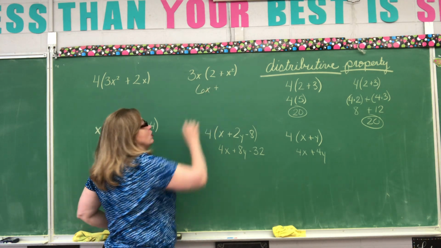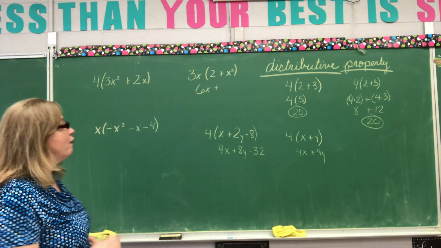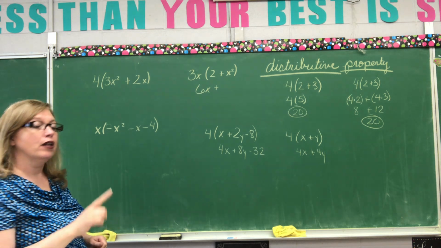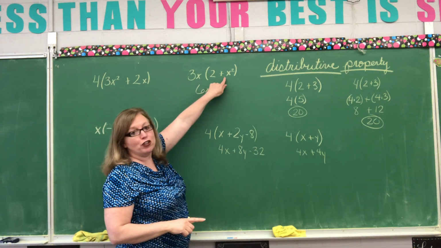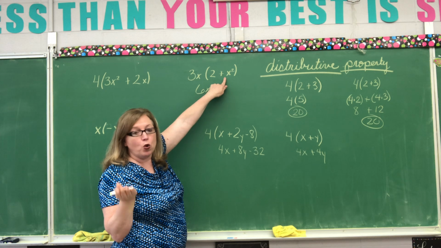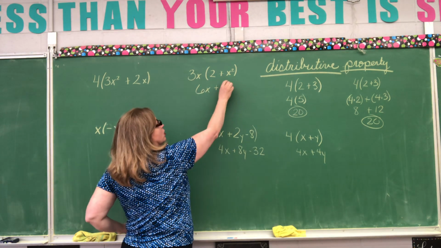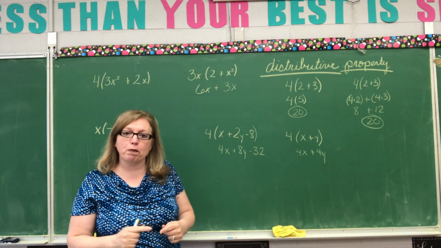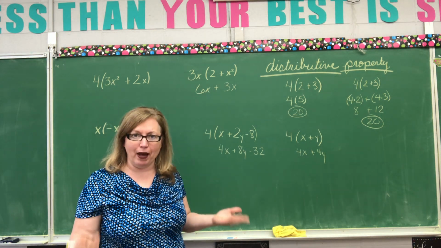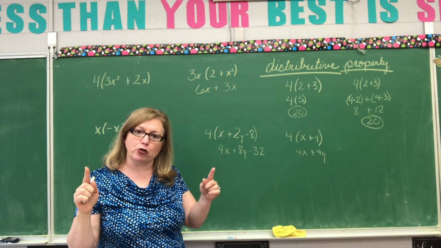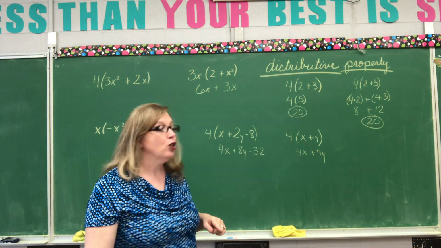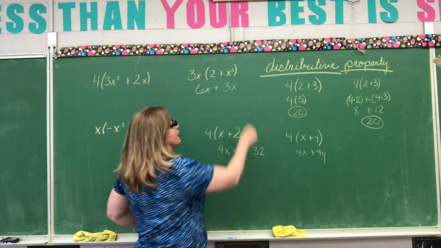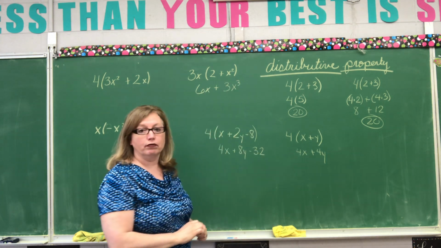Now, when I look at the next one, I have 3x times x squared. There is no coefficient here, so we know that it's really the number 1. So 1 times 3 is 3. Now, what about the x's? When you multiply something that has a power, what do you do to the powers? You add them, okay? So, x times x squared is x cubed, okay?